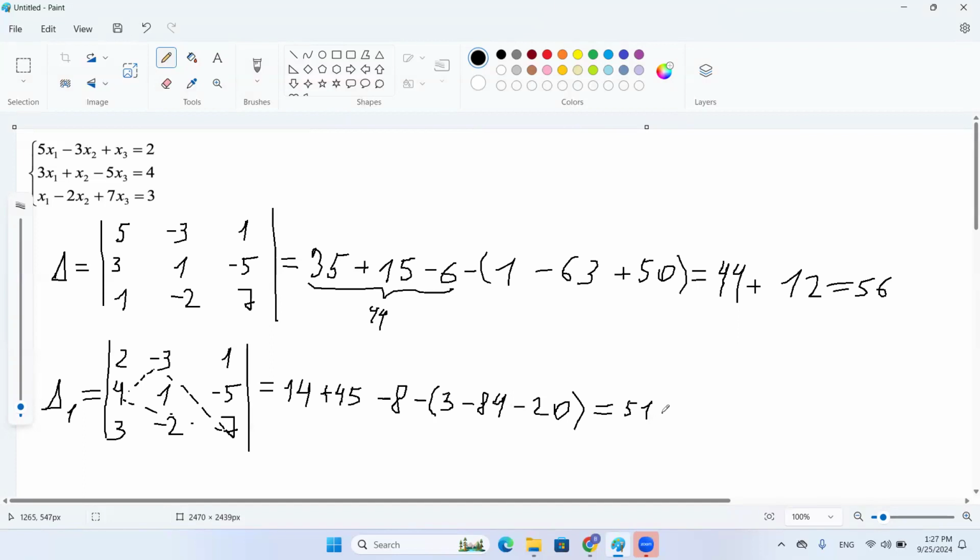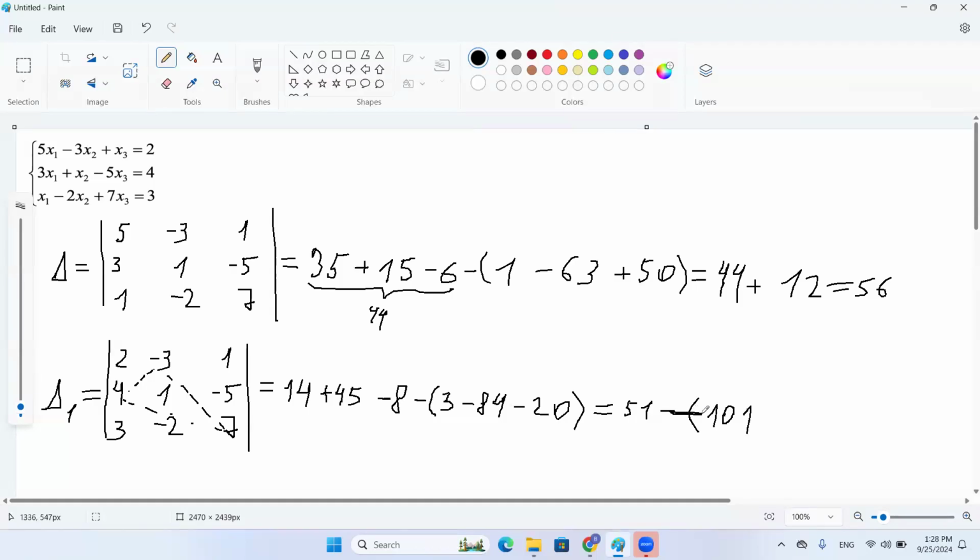Minus 10, it would be 51. And minus 3 minus 104, and it would be 101.